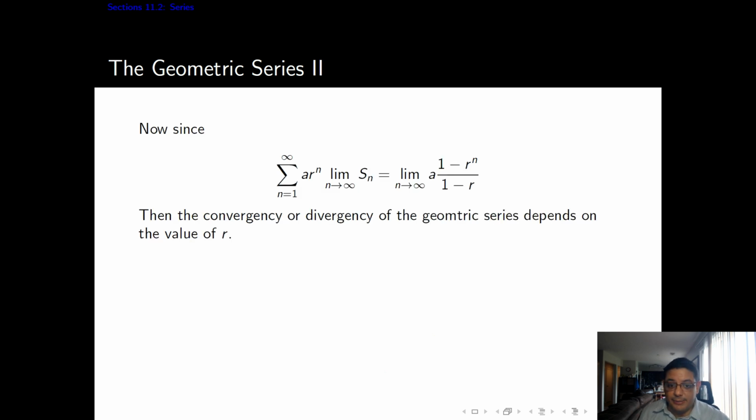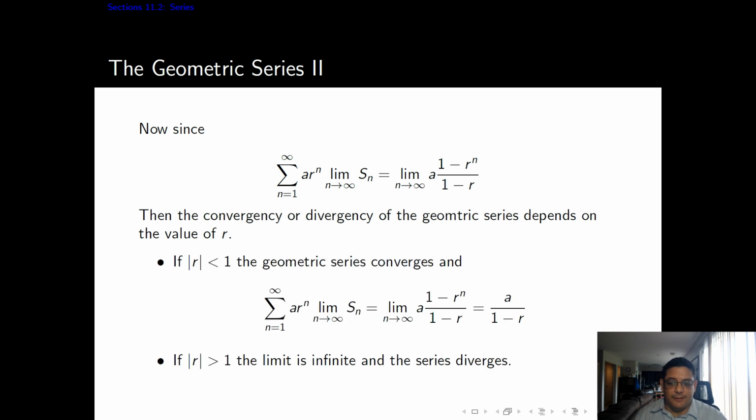If we take the limit when n goes to infinity, everything depends on the value of r. If the absolute value of r is less than 1, then the geometric series is going to be convergent, because this r^n factor goes to 0, and everything goes to a over (1 minus r).